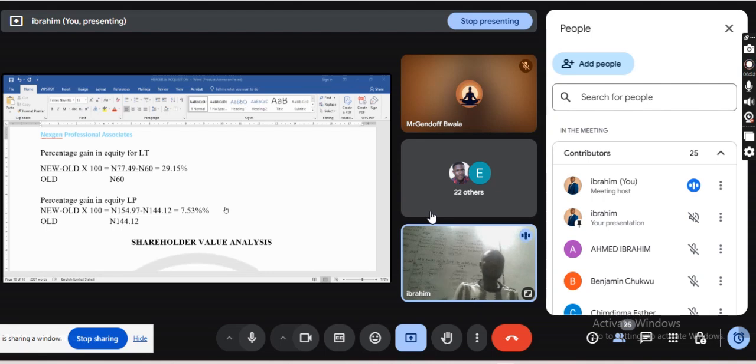It means that shareholders who are interested in dividends take their return on investment of 7 naira per share. So it depends on the number of shares. Those are the investors who like dividends.